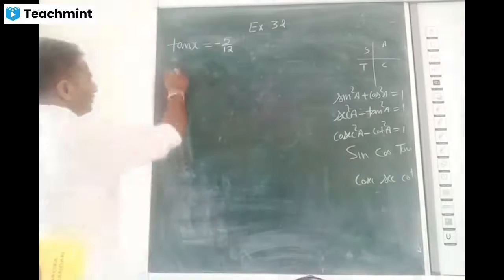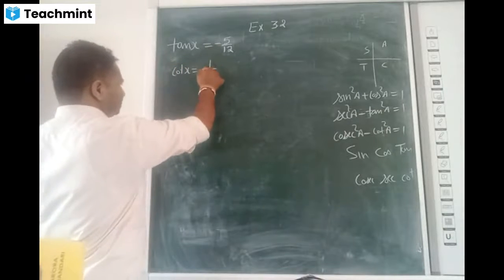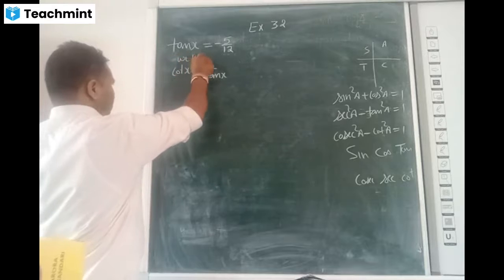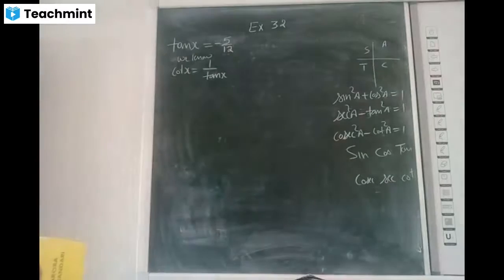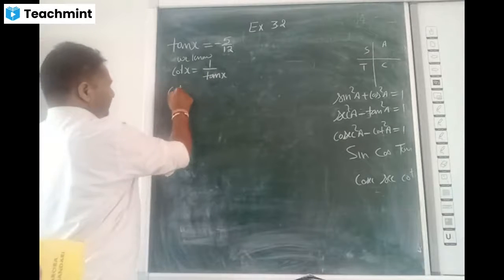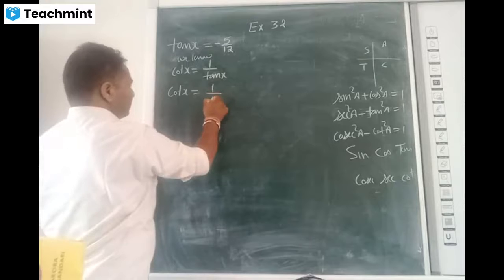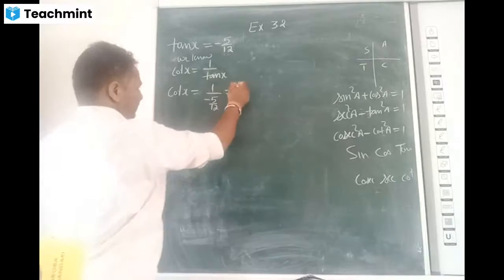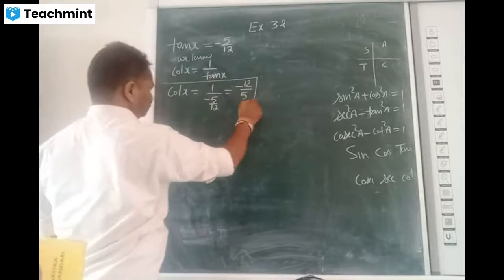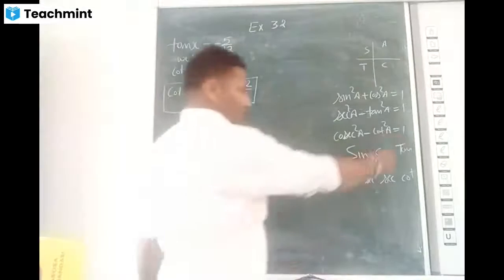So cot x is equal to 1 upon tangent x. What is tangent? Minus 5 upon 12. That is minus 12 upon 5.